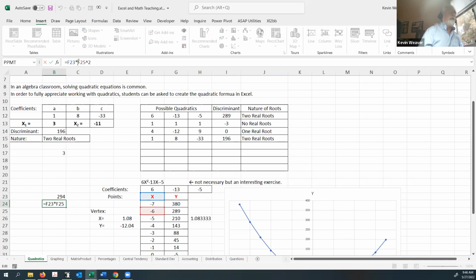I'll come up here and hit the F9 key. See, there's my 36. And then it multiplied that by what is in F23. Oh, wait a minute. F23 has an X in it. You see, there's an X right here in F20.